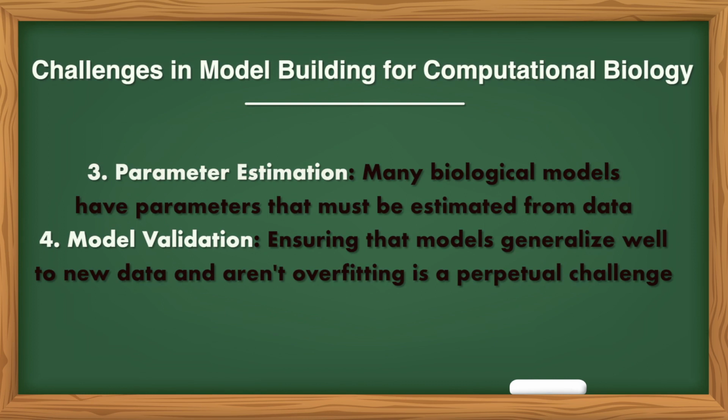Experimental evaluation of these parameters is a very difficult task. Model validation. A lot of the time, the best thing would be to validate in a real life scenario, and it is very difficult sometimes to validate the model in a real life scenario.